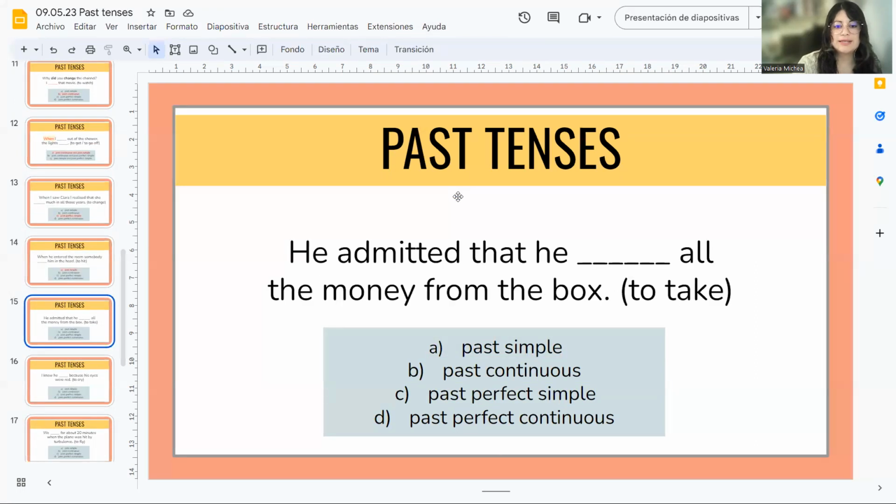We have this one. He admitted that he take all the money from the box. So we have, again, 2 actions, and one action is admitted. Another action is take. So what could it be? Let me again relaunch this, and let's see your answers.